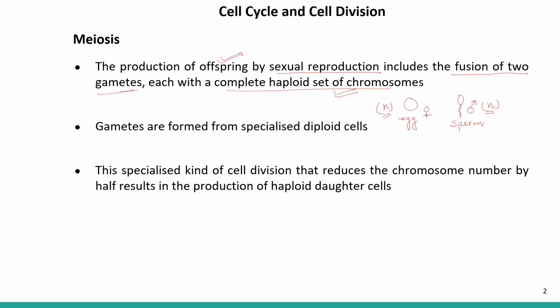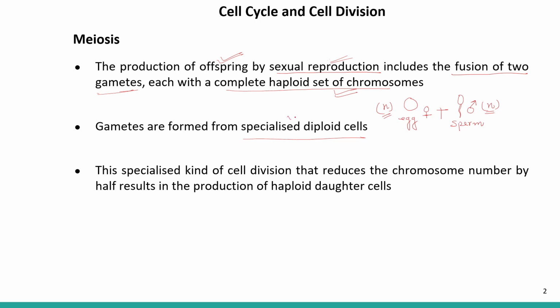New offspring are produced by the process of sexual reproduction, in which the fusion of two gametes takes place. Two gametes unite and form a new individual. The gametes are formed from specialized diploid cells.